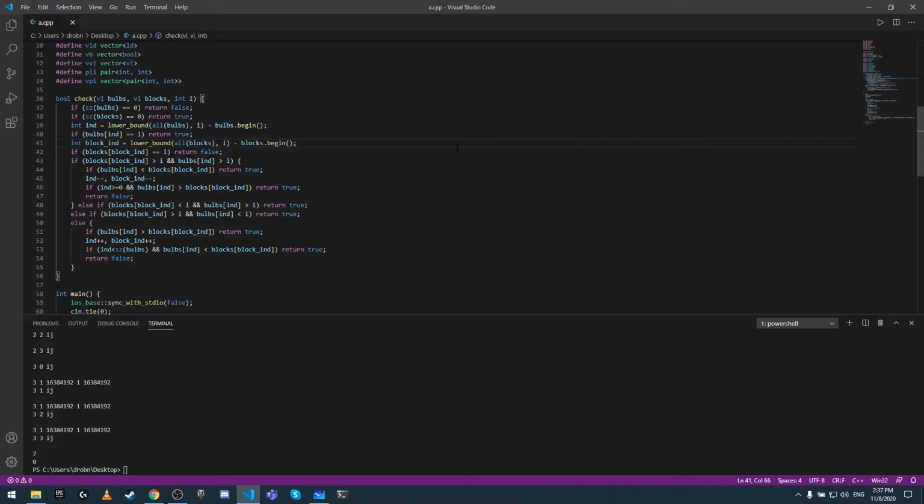We need to craft some more of these. I can't submit it just to check how many good answers I'll get because lower bound all bulbs, it's basically a lower bound.